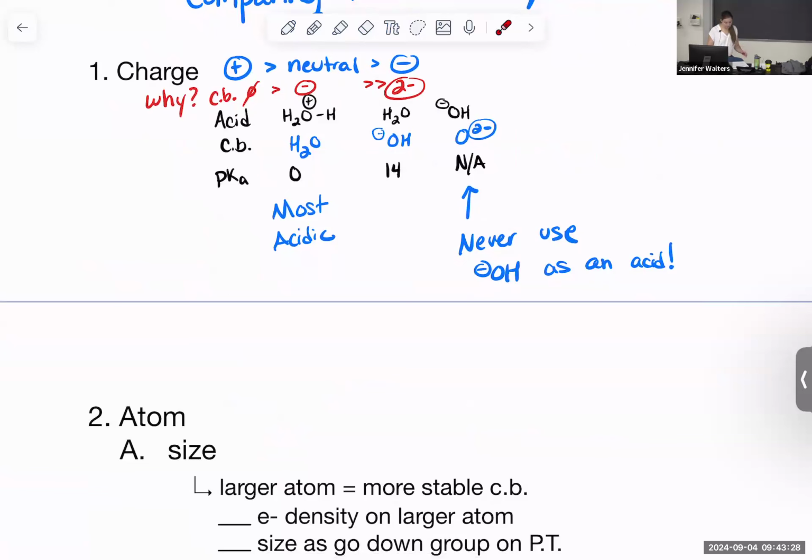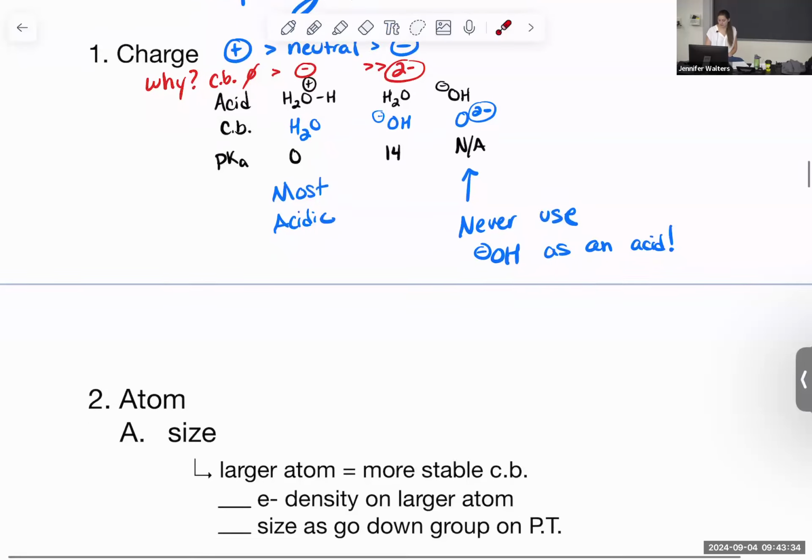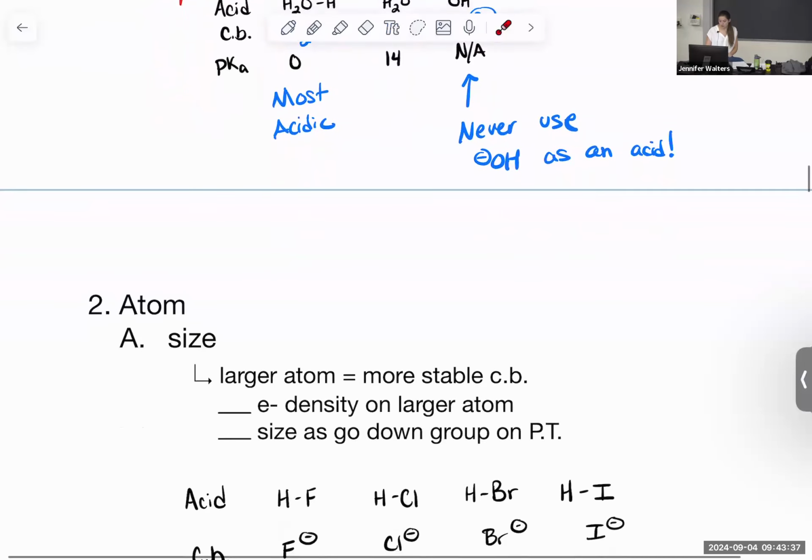If there's no difference in the charge, then you go down to the atom. The larger the atom, the more stable the conjugate base. So when we're going to use size, which is typically the more significant factor, as you increase the size, as you go down the periodic table, you're going to create a more stable conjugate base.